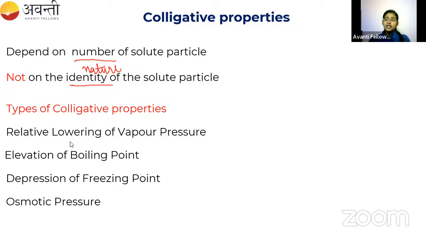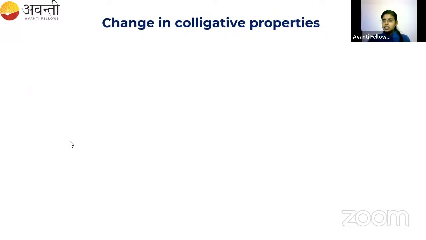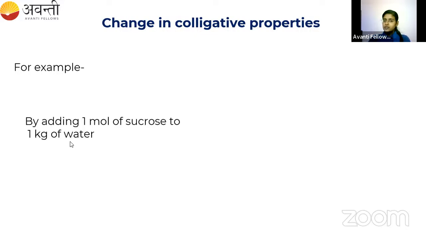Now to be more clear, I will take one example to make you understand this definition, and then we will look at each type one by one. What I'm going to do is add 1 mole of sucrose to 1 kilogram of water.